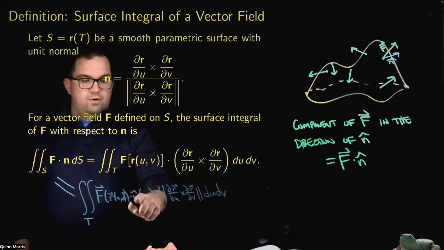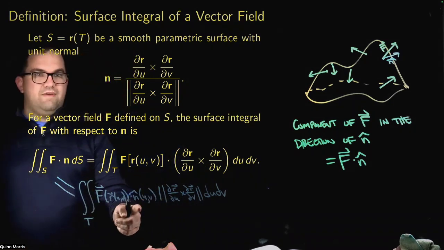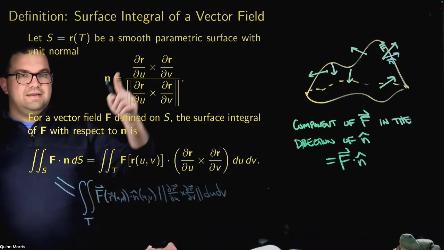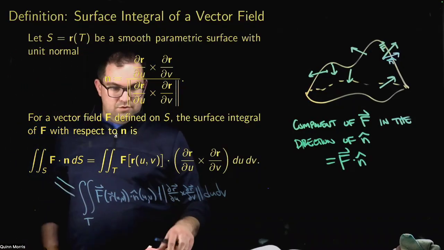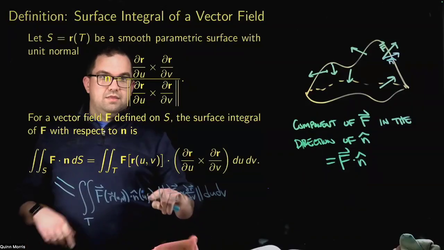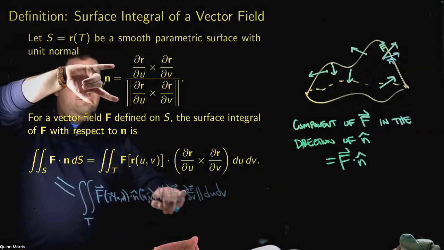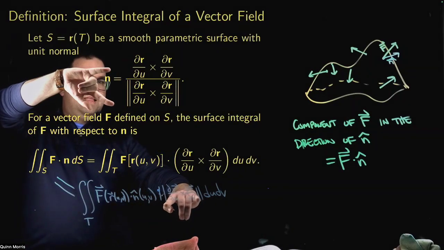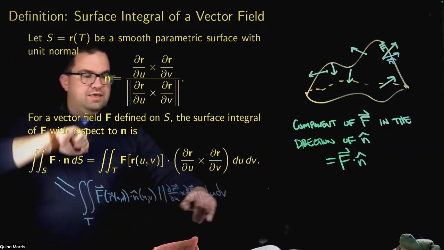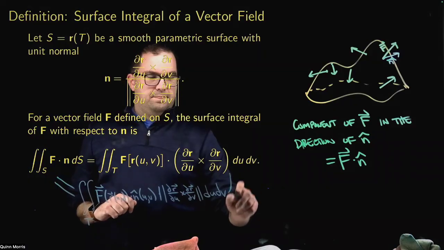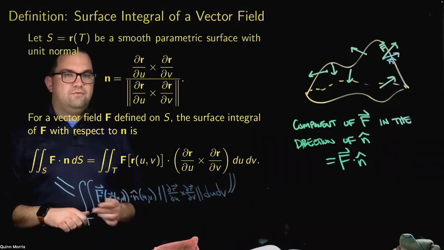But what we remember is that this unit normal vector is defined in this way. So if I plug that in for n, I'm going to get cancellation of the norm of the fundamental vector product, which is in the denominator here, and then this will simply become this expression above.